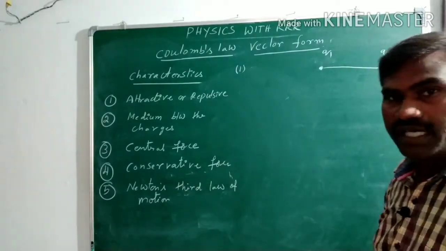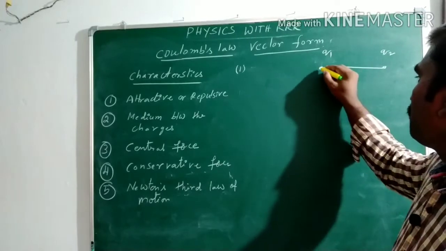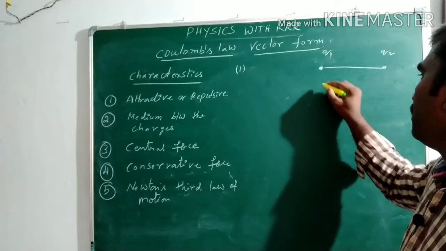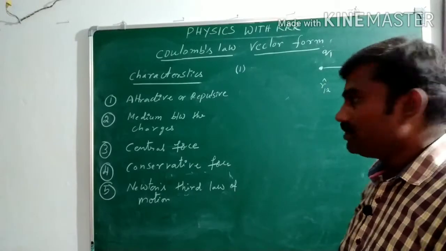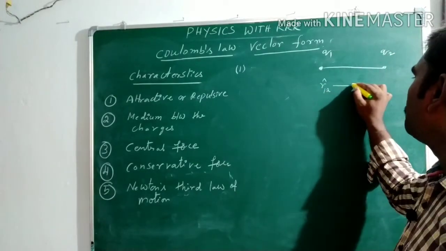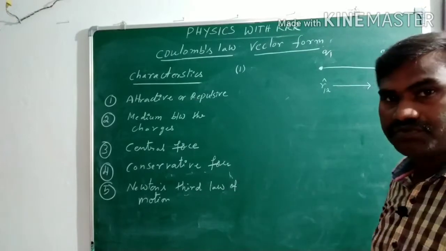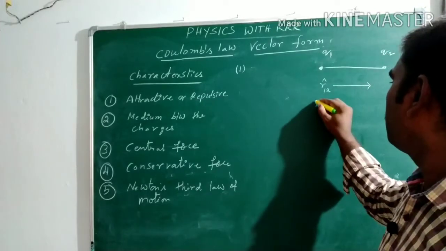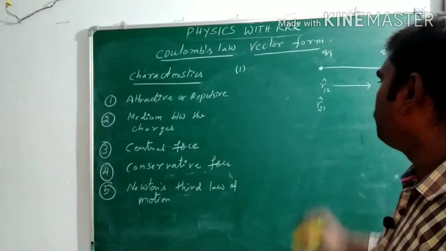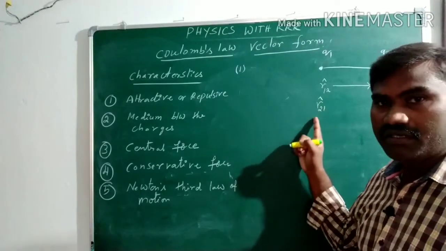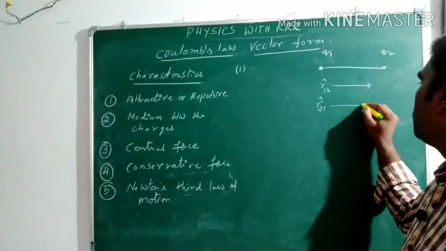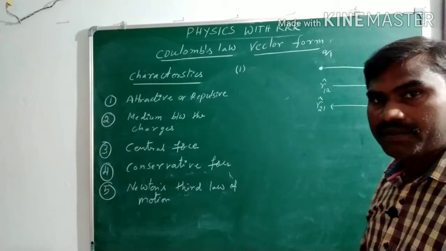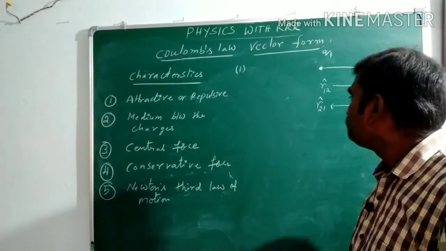These two are like charges. Now we will imagine R12 cap. This is the unit vector which is directed from charge 1 to charge 2, whereas R21 cap is the unit vector which is directed from charge 2 to 1. This is in this direction for notation.